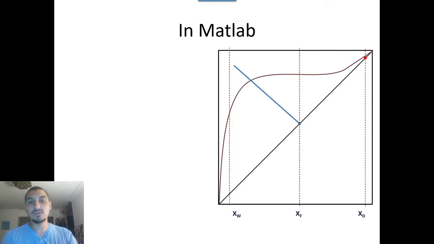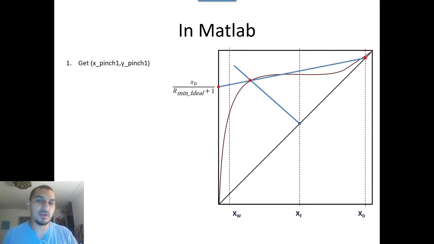Hello everybody. So now we are gonna see, after we understood how we can figure out if the R minimum is right or wrong, we can now go to the next step, which is finding the right value of R minimum in case of having an R minimum that's not right.